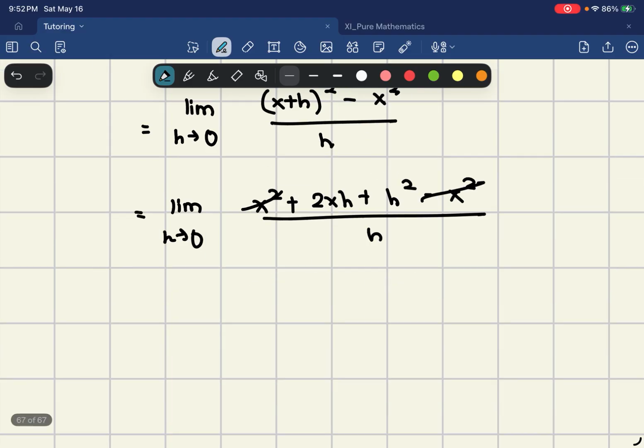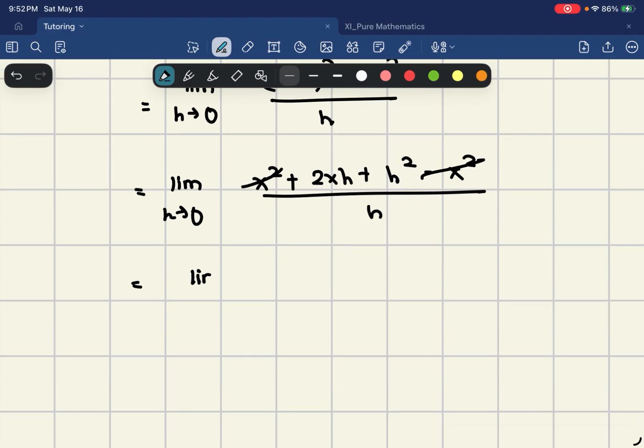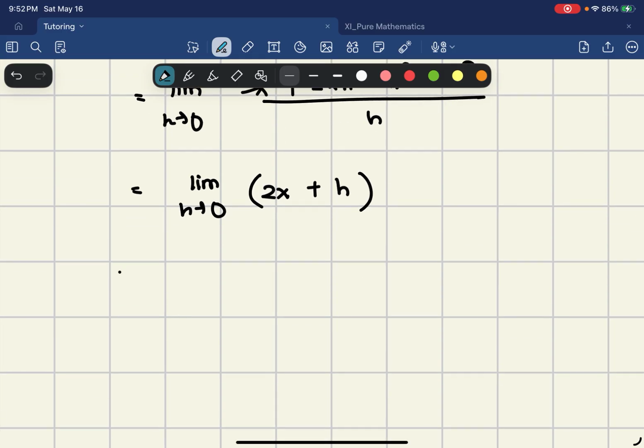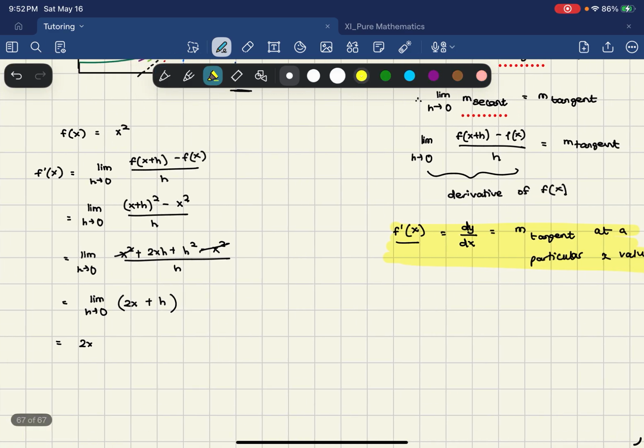So minus x squared plus x squared will cancel out, and I will get the expression 2x plus h, right? If I divide by h, I get 2x as my first term and h as my second term. Now, if my h gets closer and closer to 0, and if it's practically 0, then my answer is just 2x, right? So the derivative of x squared is 2x.